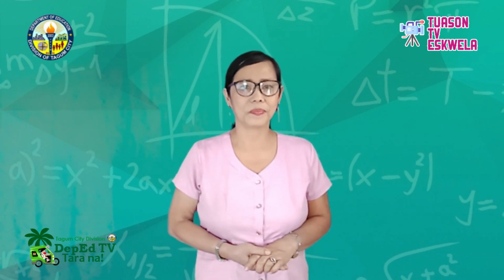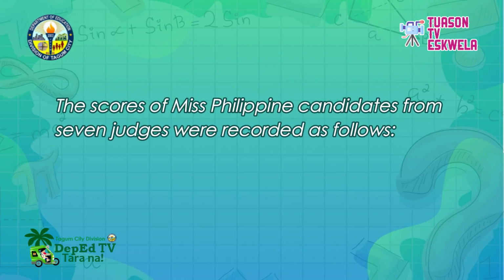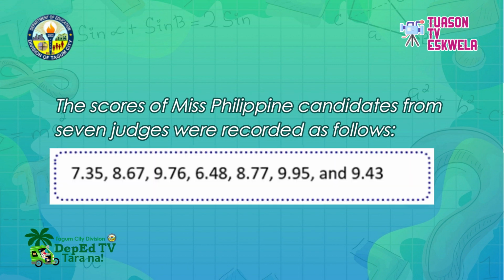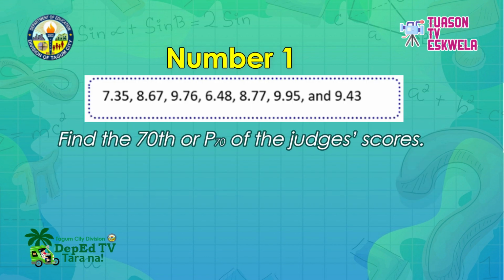This is the problem. The scores of Miss Philippine candidates from 7 judges were recorded as follows. For question number 1, find the 70th or the P sub 70 of the judges' score. Letter A, 9.76. Letter B, 10.76.